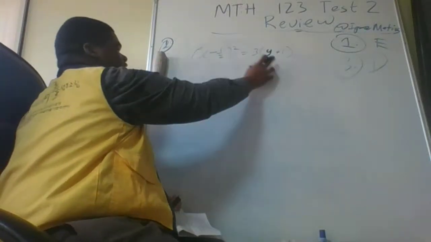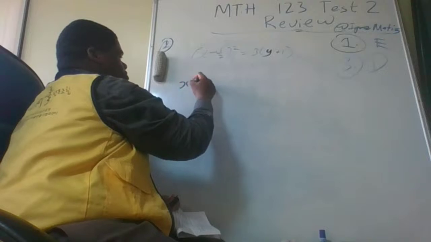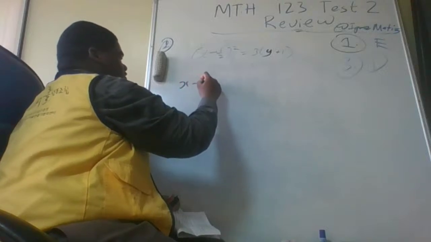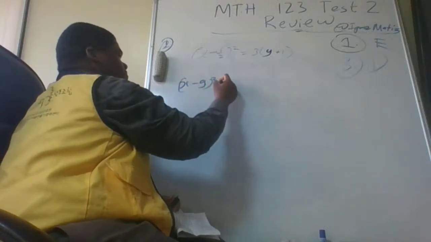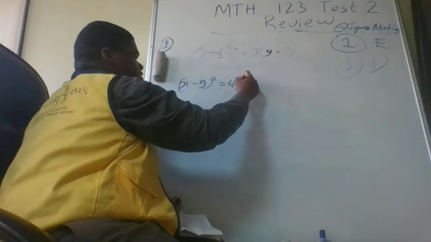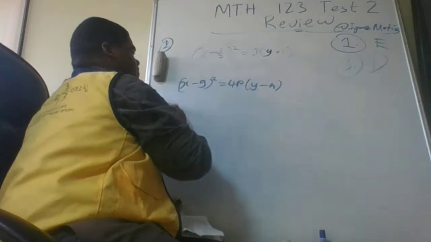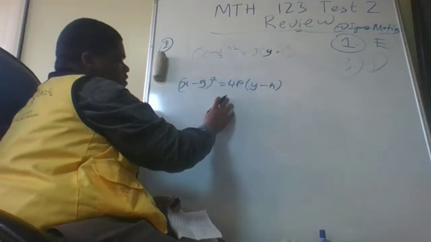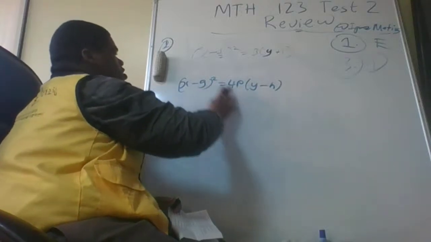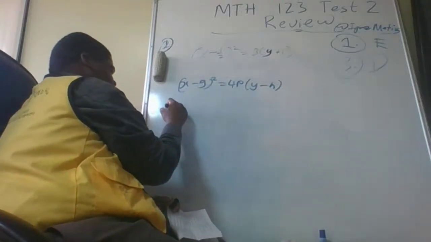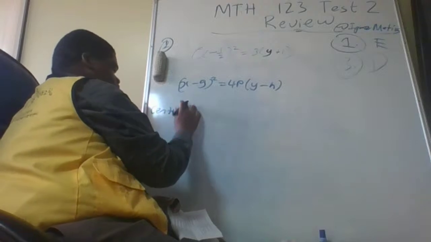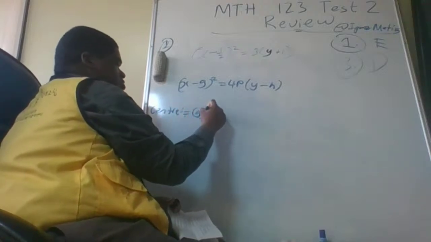Now, if I'm assuming that this is y, remember our general form is going to be (x minus g) all squared is equal to 4p(y minus h). So our center is going to be g comma h.